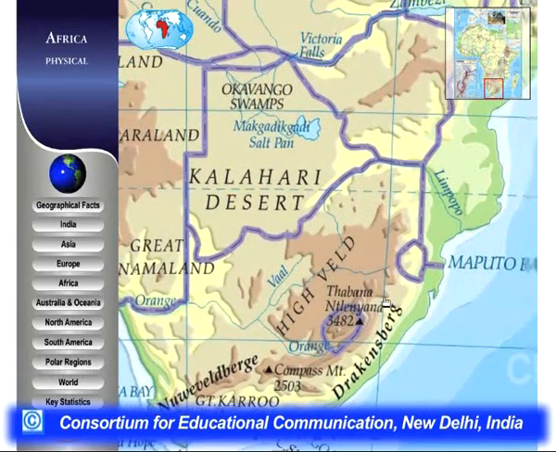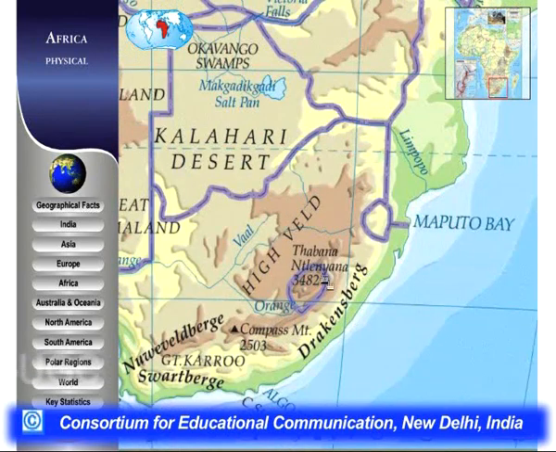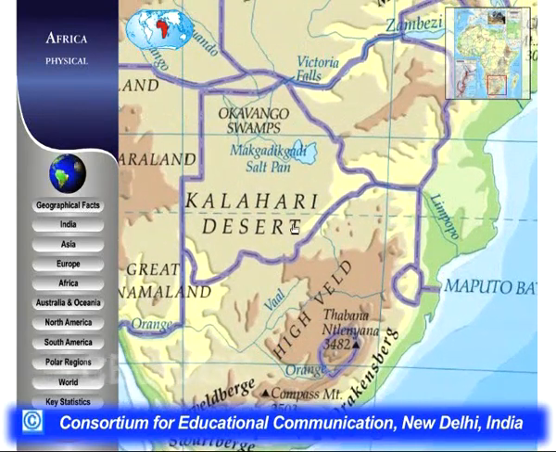And the boundary of South Africa with Zimbabwe and other neighboring countries is divided by river Limpopo.